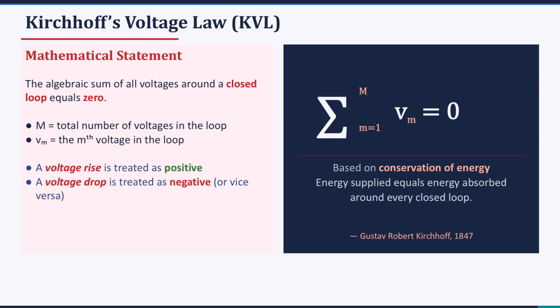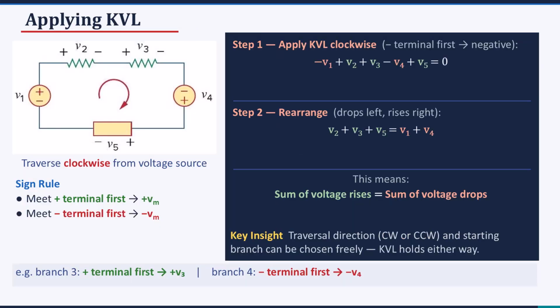The physical basis of KVL is the conservation of energy. Energy supplied by the sources must equal the energy absorbed by the resistors and other passive elements around every closed loop. Let's apply KVL to a circuit.